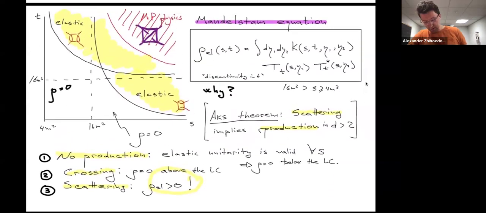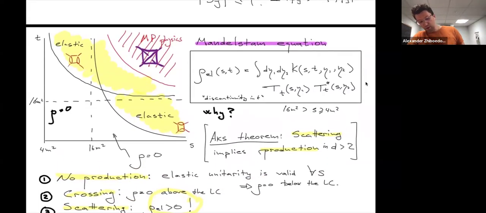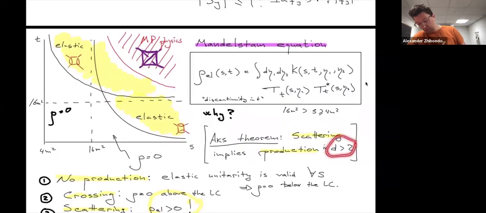And you see, so we got two different conclusions. From no production, we concluded that rho is zero. No production led to rho equals zero, whereas scattering led to rho positive. So this is a contradiction, and therefore scattering implies production in d larger than 2. You can ask, where did I use d larger than 2? Well, it's in the fact that we have two variables.